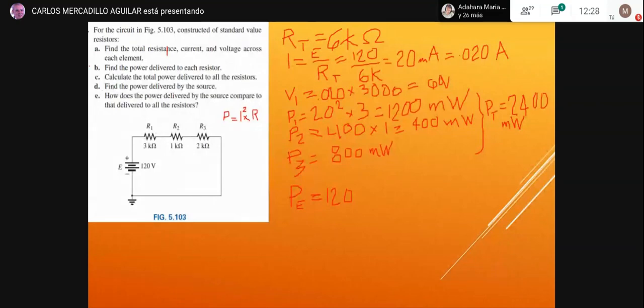That's the dissipation. For now, I can find the power delivered by the source. By the source, we just multiply the voltage of the source, which is 120 volts, times the current, which is 20 milliamperes.